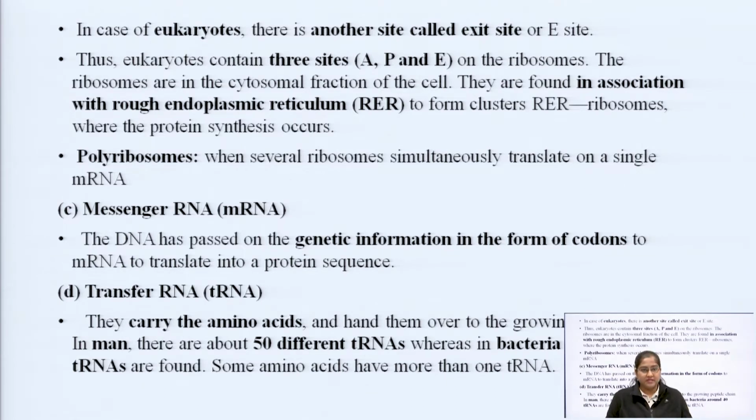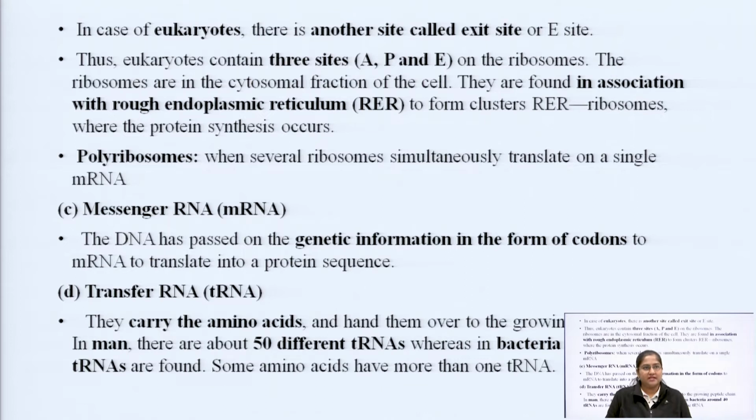Thus eukaryotic ribosomes contain three sites, A, P and E. The ribosomes are the cytosolic functional units of the cell. They are found in association with the rough endoplasmic reticulum, which we generally call RER, to form clusters, where protein synthesis occurs.